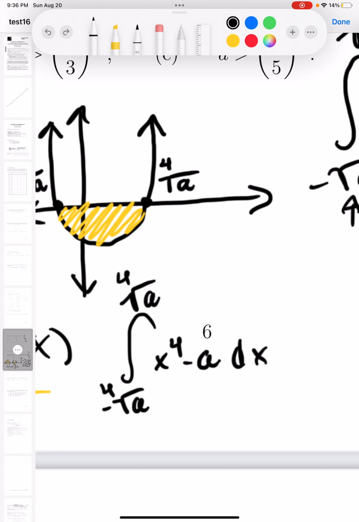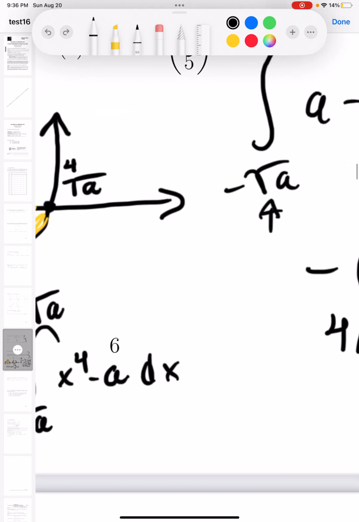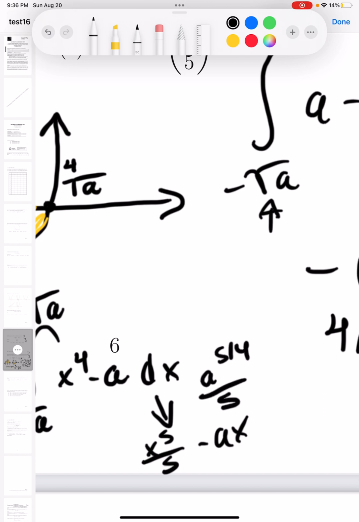Let's just write that in integral form and plug in the values. If I plug in the fourth root of a, I'll get a to the 5 over 4 over 5 minus a to the 5 over 4.